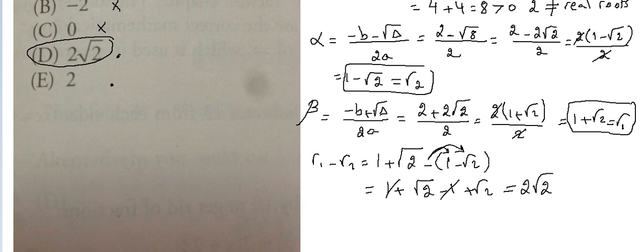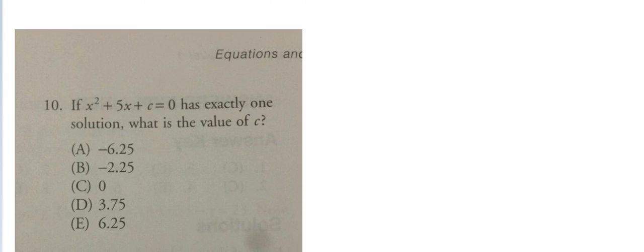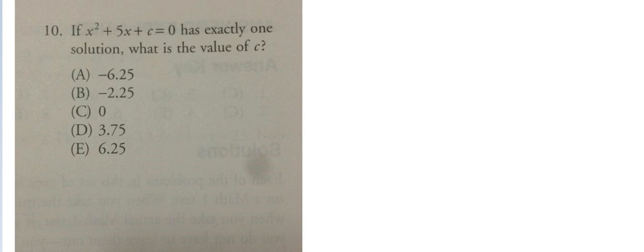Okay, now let's go to the second question. If x squared plus 5x plus c equals 0, which is also a quadratic equation, has exactly one solution, what is the value of c? We need to find c, and c could be one of those.